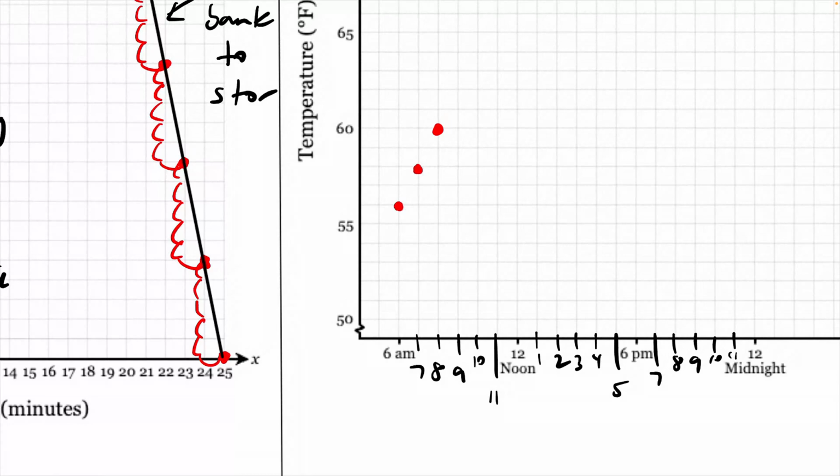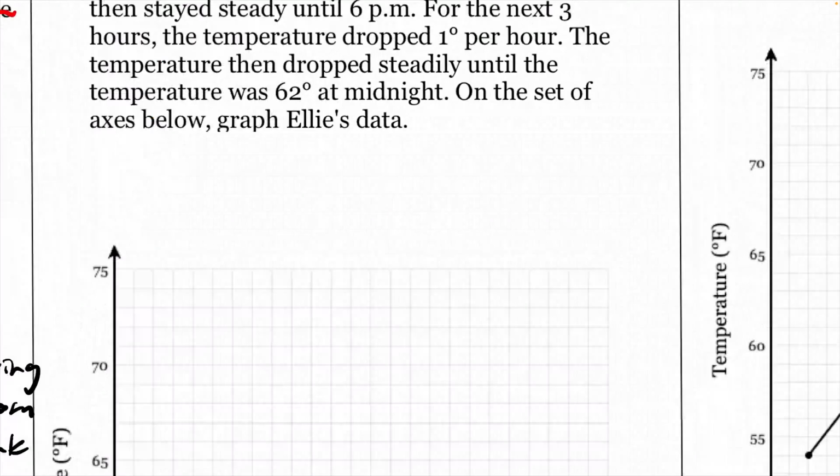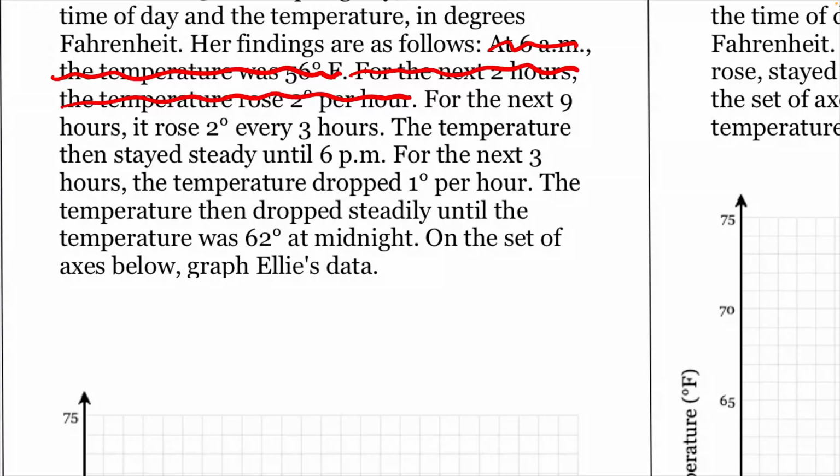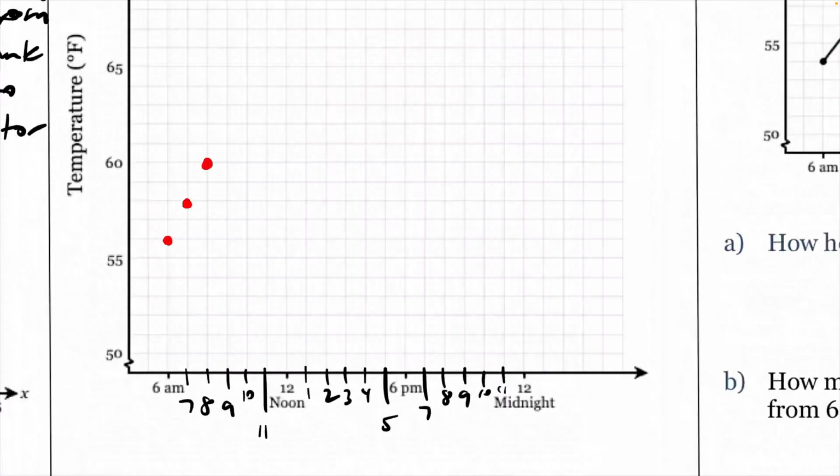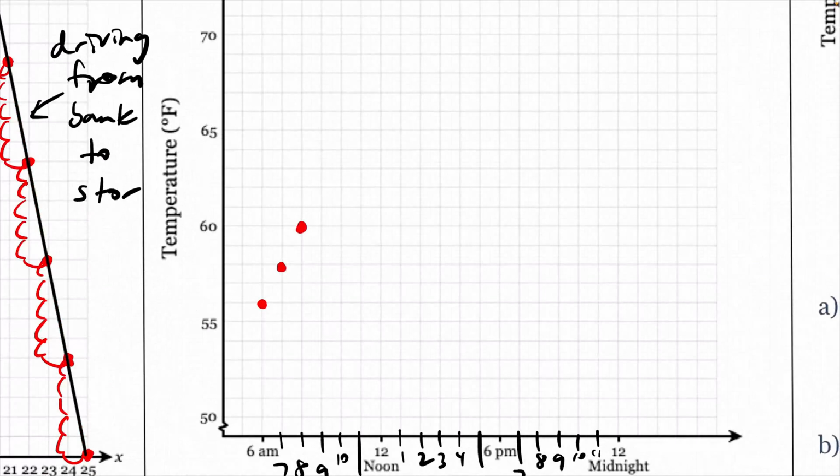So 5 o'clock, sorry. So from 9 a.m. to 5 p.m., the temperature went up steadily. 2 degrees every 3 hours. Okay. So up 2 degrees over 3 hours.